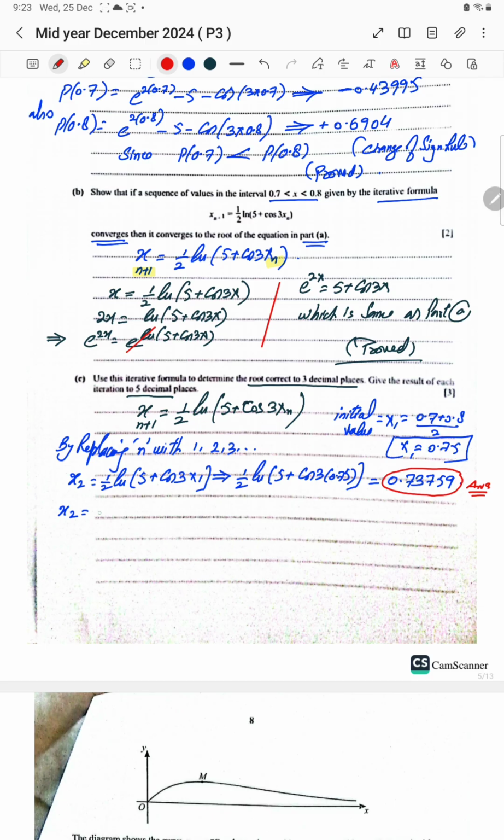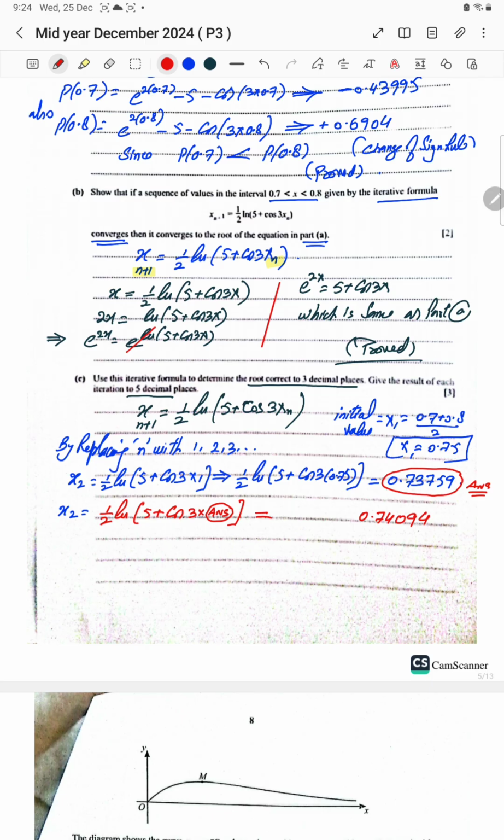Next you will write 1 by 2 times natural log of bracket 5 plus cos of 3 times Ans, and you will equate it, and we will get 0.74094.